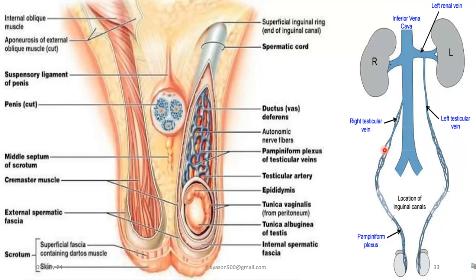So on the right, these veins will merge to form the right testicular vein. On the left, they will merge to form the left testicular vein. The right testicular vein is going to pour blood directly into the inferior vena cava.